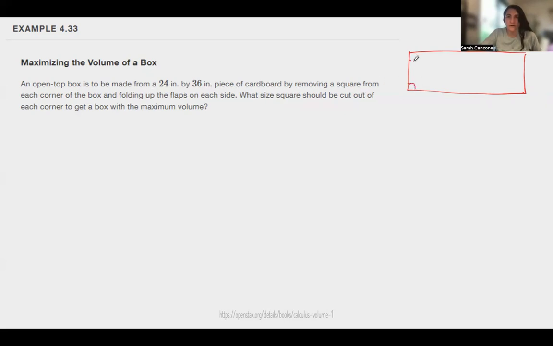So here's a square, a square, a square, and a square. We know that it's made from 24 inches by 36 inches of cardboard. So this whole length right here is 24 inches, and maybe this right here is 36 inches.